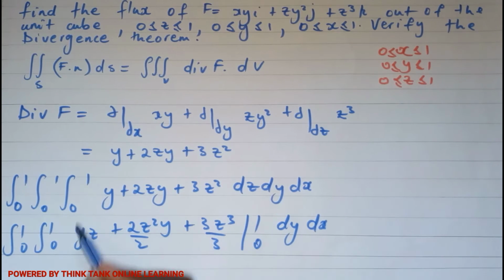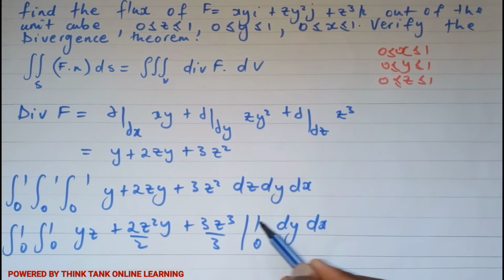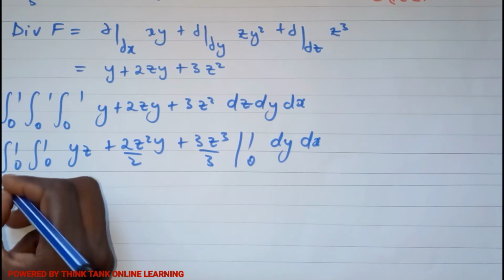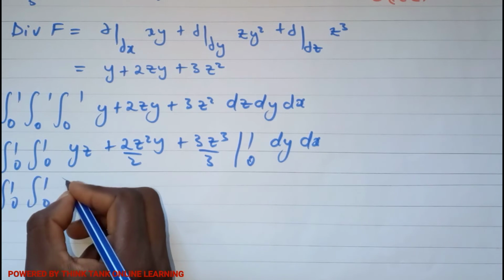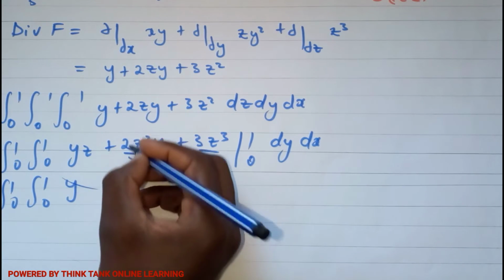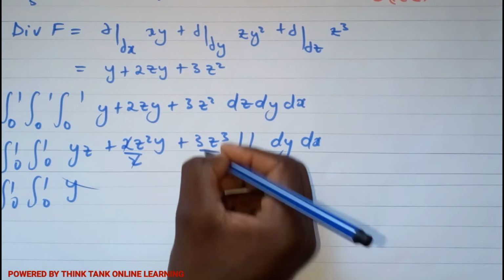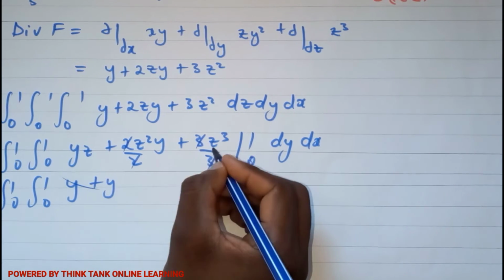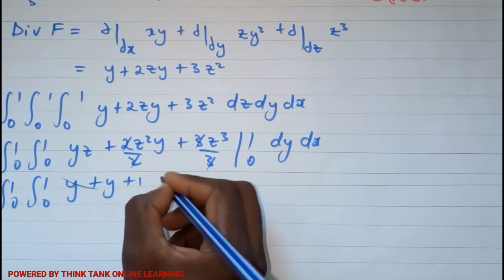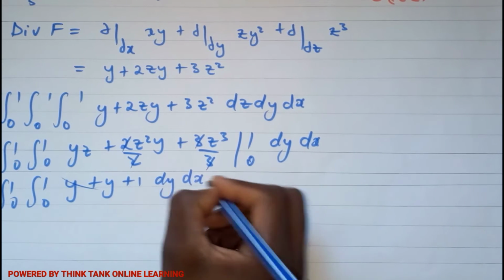The upper bound is 1, replacing z with 1, and the lower bound is 0. If we replace everything with 0, we get 0 here. For the upper bound, we're left with y, and as you can see, the 2 and 2 cancel, the 3 and 3 cancel, so we have plus y, plus 1, dy dx.